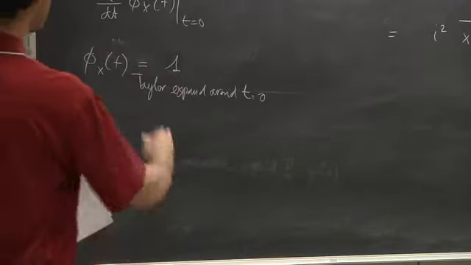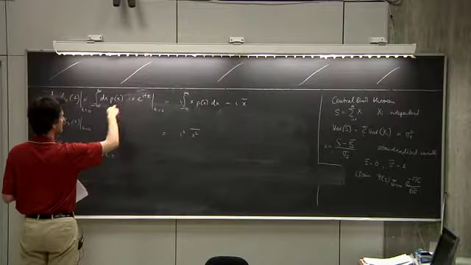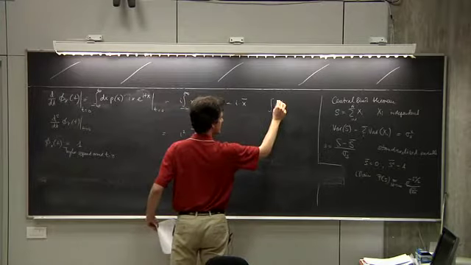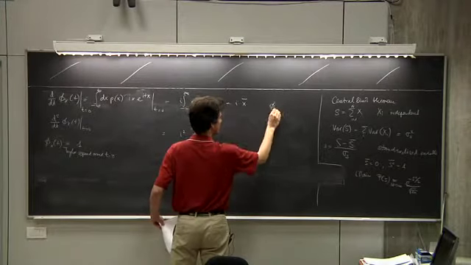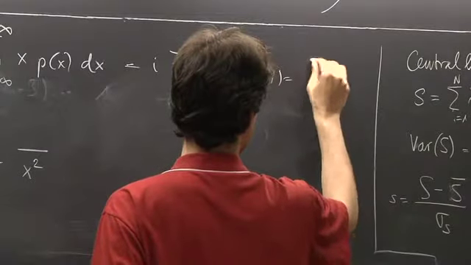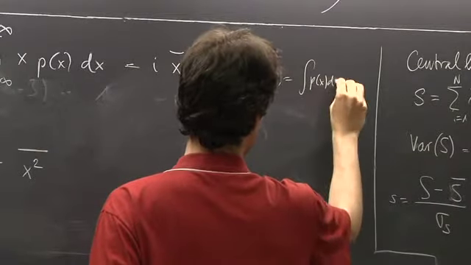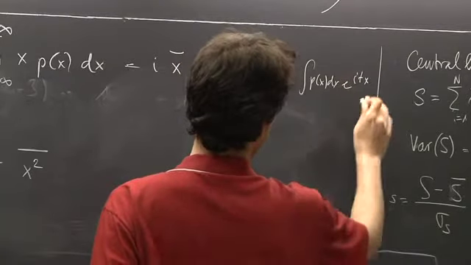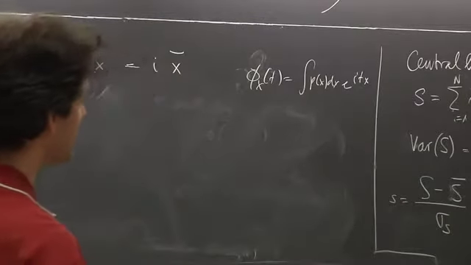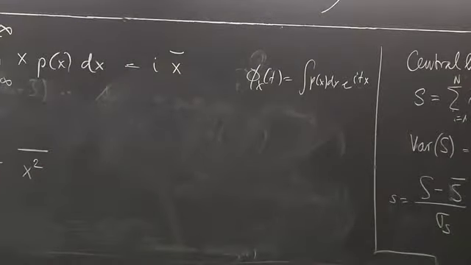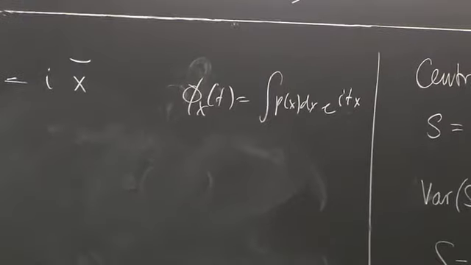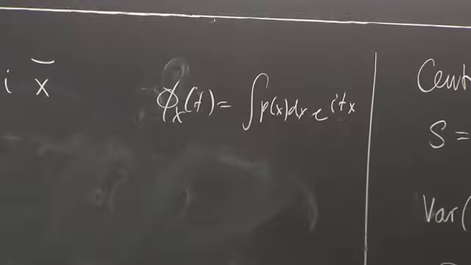Because the definition was phi x of t is the integral p(x) dx e to the itx. If I set t equals 0, I get just the integral over the probability distribution, which by normalization is always 1, right? Now I start expanding in t.